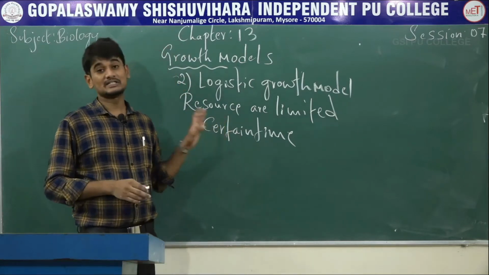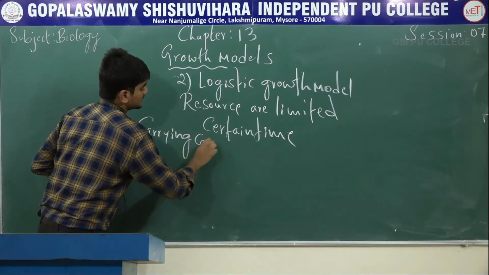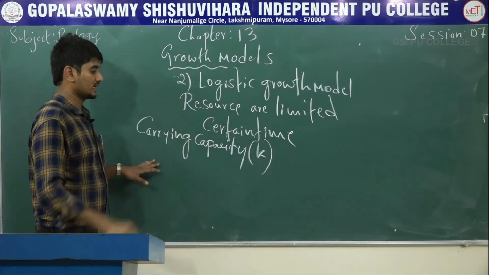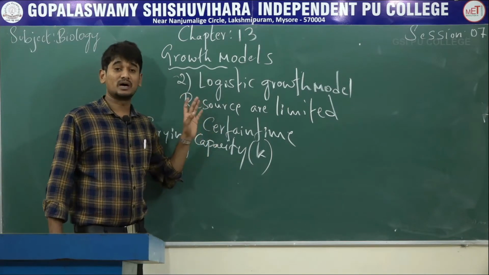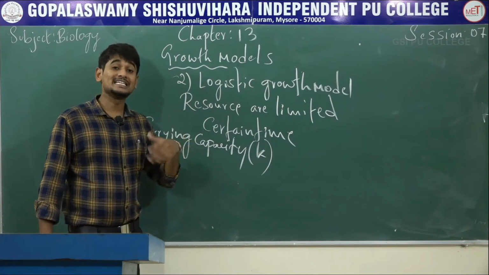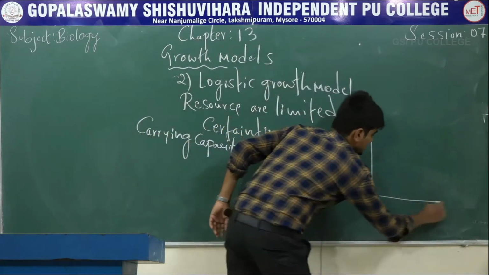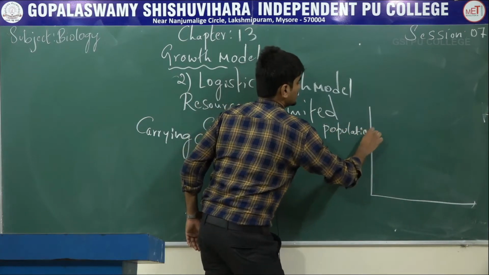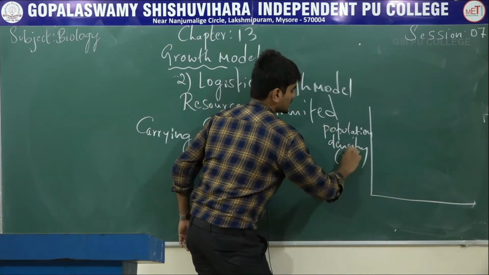This limit is called the carrying capacity, and it is represented as K. Now we have to draw the population density against time.